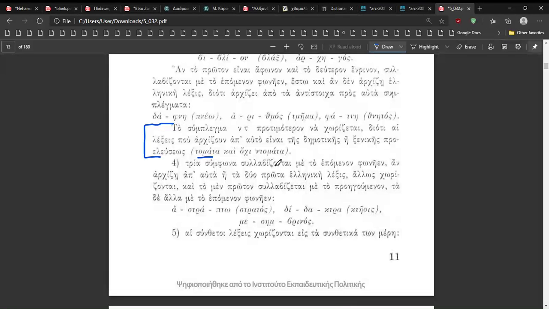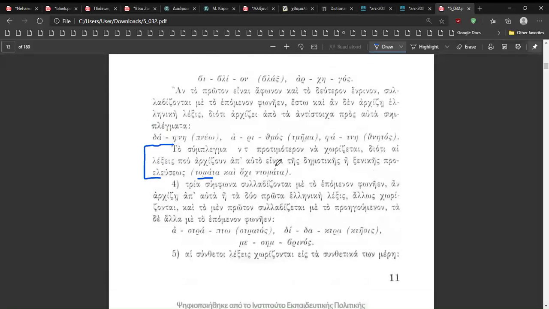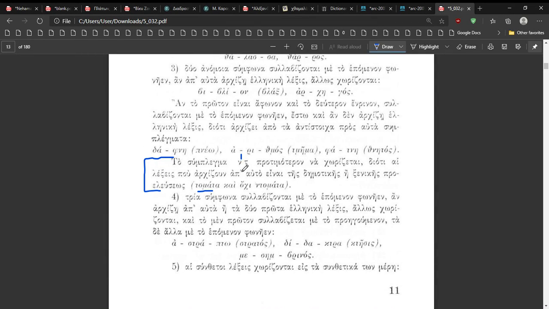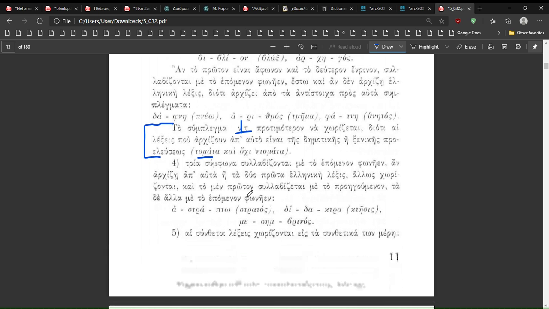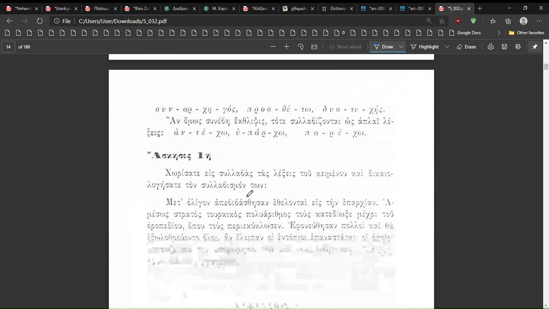And it tells you when you divide words into syllables, you should count these two as two separate letters, the N and T. So that's interesting. Again, it has a weird mixture of ancient Greek with modern Greek phonetics. The way you pronounce it, you really pronounce it the modern way, but you are expected to follow the rules of the ancient pronunciation. It's quite peculiar, this thing.